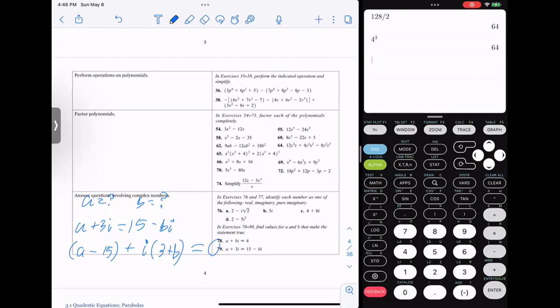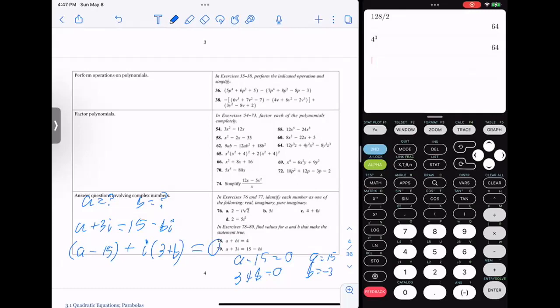So you simply have A minus 15 is 0 and 3 plus B is equal to 0. This implies that A is 15 and B is -3. I think that's what it's saying.